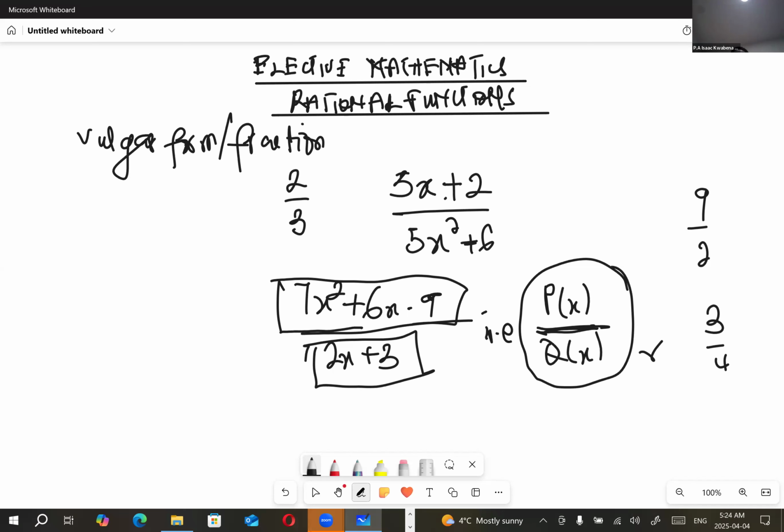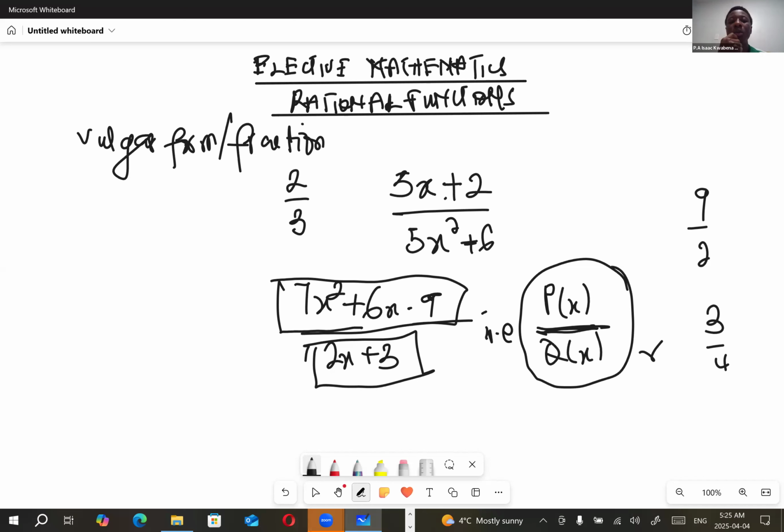Now, back in school, if you remember, when you were learning about fractions, you were taught about different types of fractions: proper fractions, improper fractions, mixed fractions, and what have you.